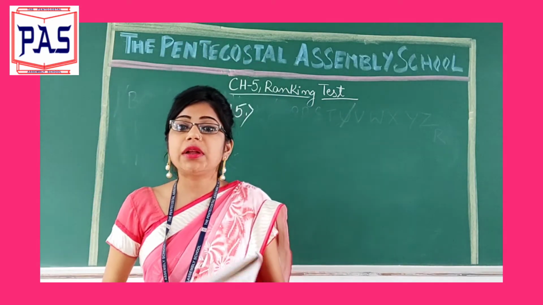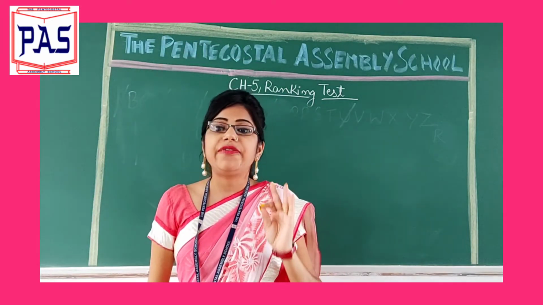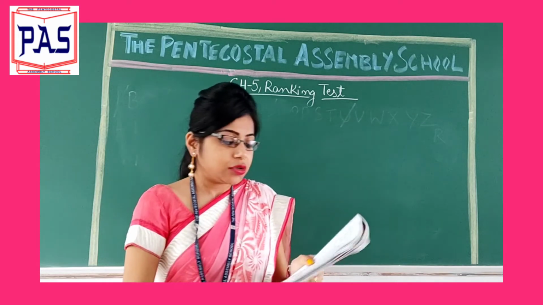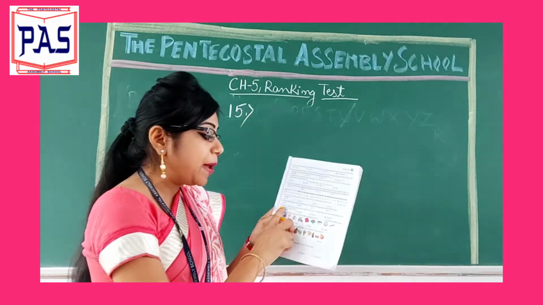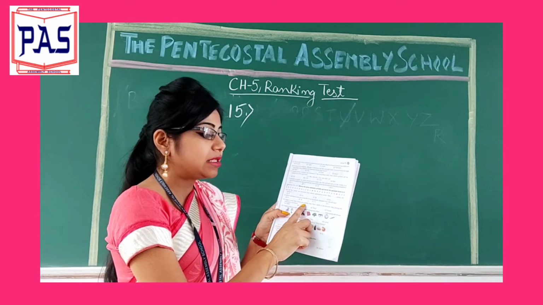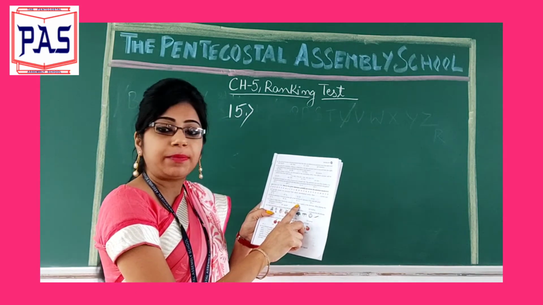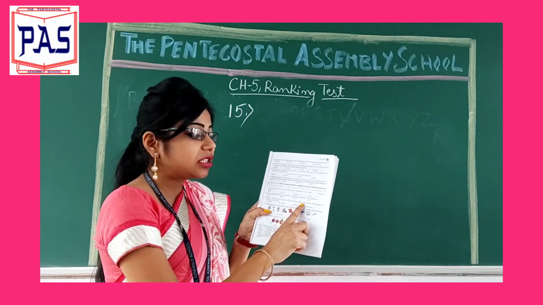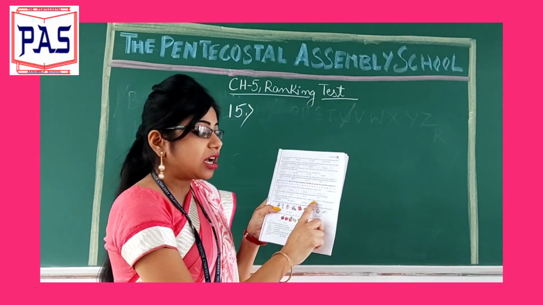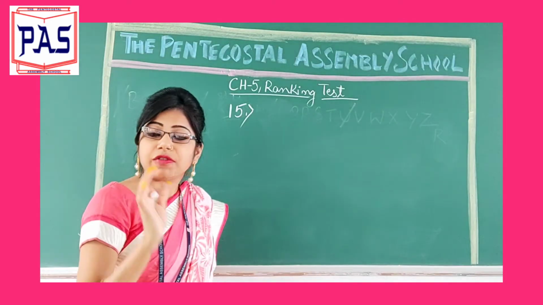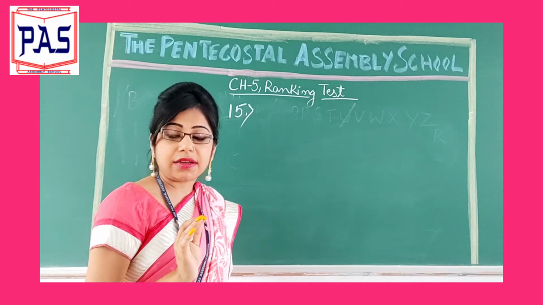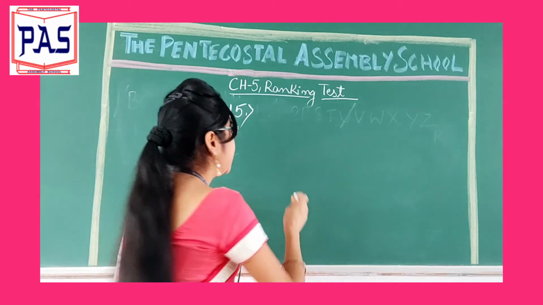Children, question number 15 is a really very important question. So, let's read. Pallavi is taller than Sneha but shorter than Parul. Sakshi is the shortest. It is confirmed that Sakshi is the shortest.